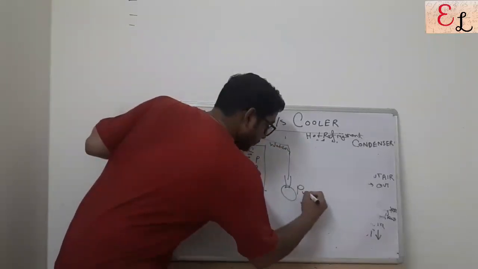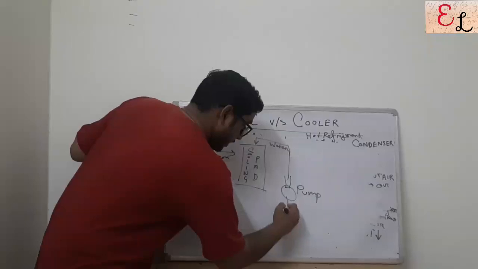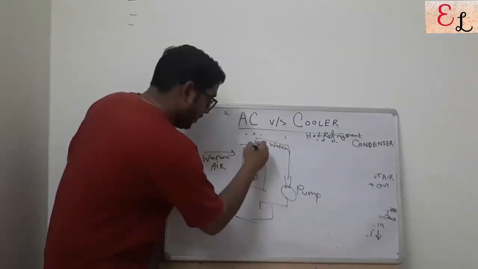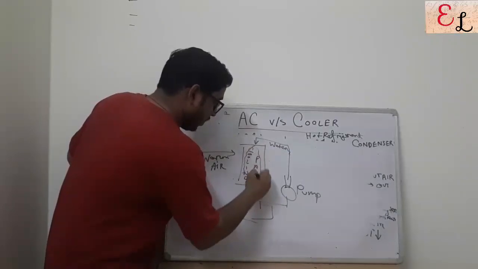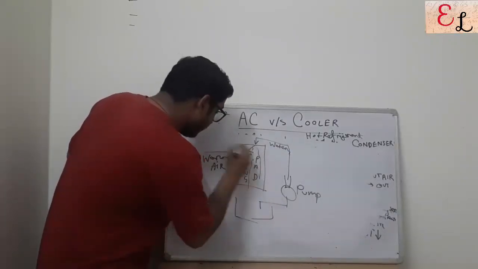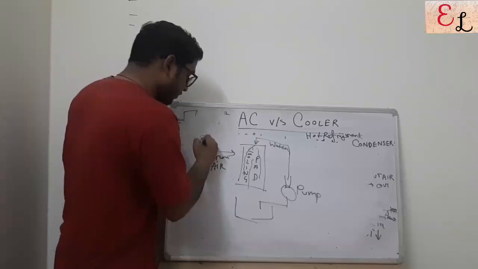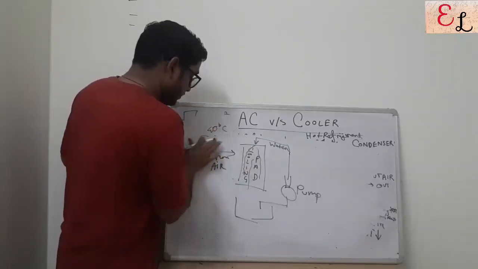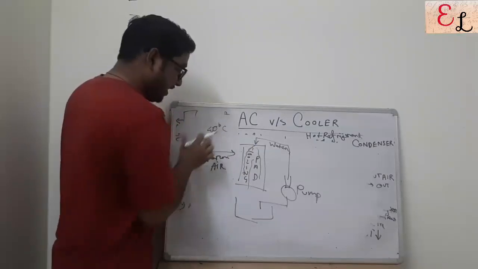So this is a pump that is circulating water, and it has a water reservoir. The water is spread all over the cooling pad. The warm air is coming at a relatively high temperature, supposedly 50 degrees Celsius or 40 degrees Celsius, so it's a very hot climate.